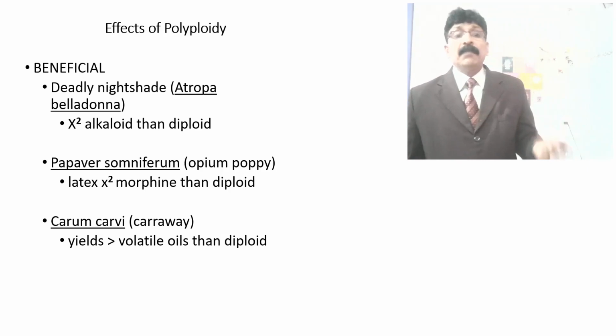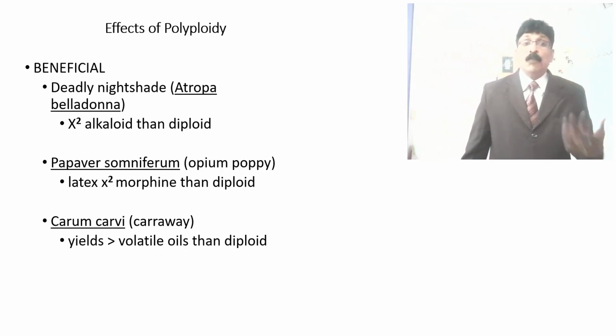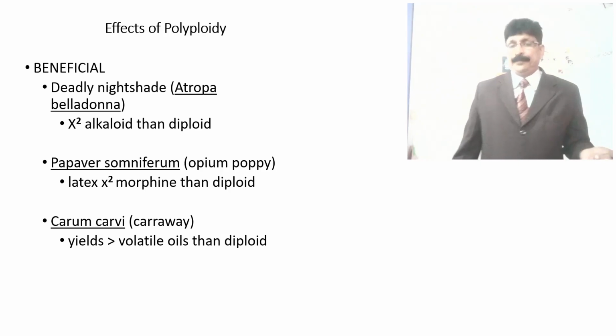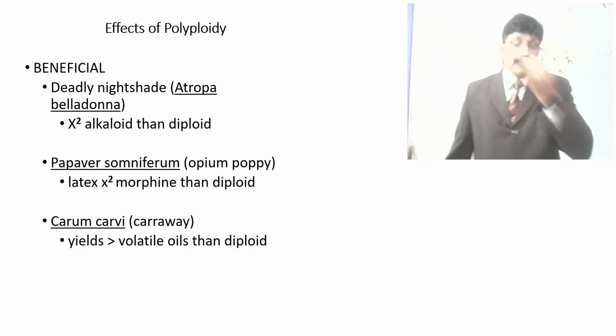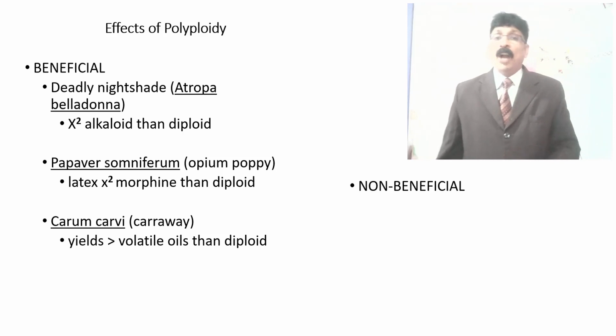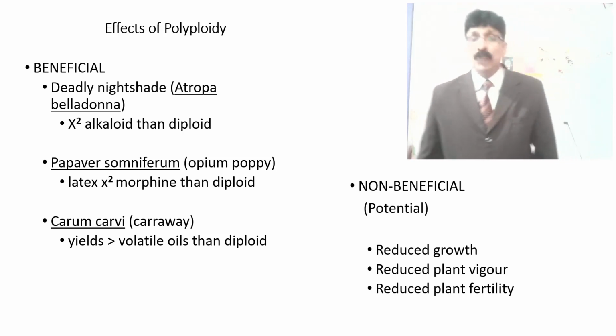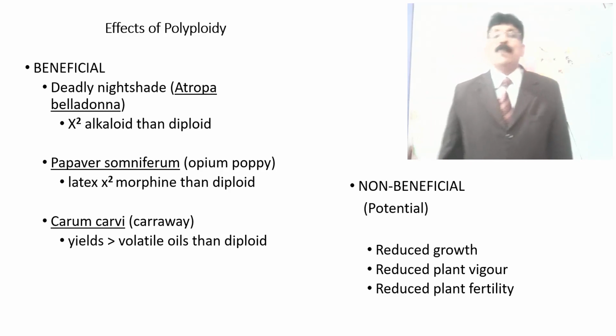Carum carvi, that is caraway, yields more volatile oils than the diploid. So the diploid constituents also increase when it becomes a polyploid. Non-beneficial potential: reduced growth, reduced plant vigor and reduced plant fertility.